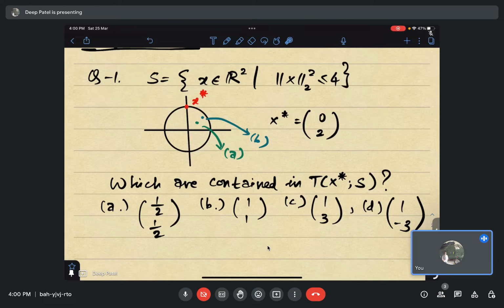Even before that, we'll just pictorially see. What is the tangent cone at this point? It's everything below that point, right?